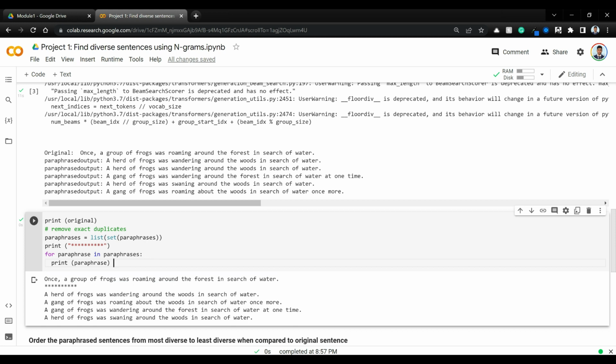And why do we do that? We can use this algorithm to generate multiple variations of paraphrases, and we can choose the paraphrased sentence that is the most diverse and use it in our final paraphrase.